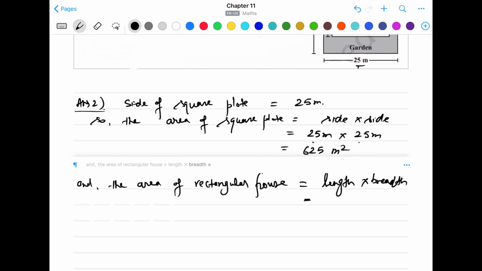Length is given as 20 meter and breadth is given as 15 meter. So when we multiply 20 into 15, it is 300, and the unit will again be meter square.